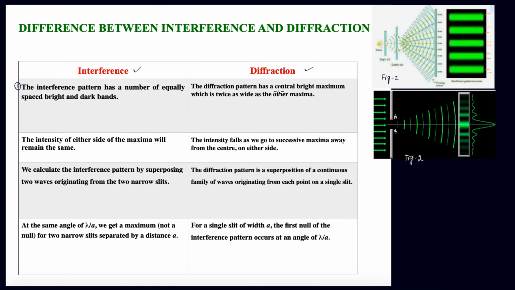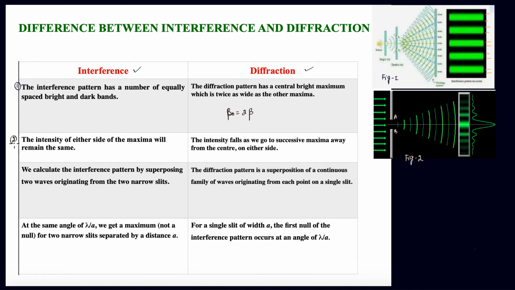The diffraction pattern has a central bright maximum which is twice as wide as the other maxima. You did this a little while ago: beta 0, the width of the central maxima, is 2 times the width of the secondary maxima. This is what we have done in the expression earlier also.